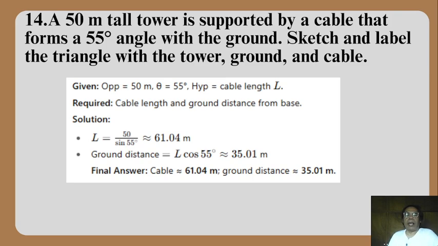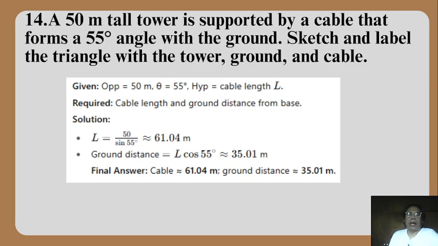So we're given opposite side 50 meters, theta 55 degrees, hypotenuse, cable length. So required are the cable length and the ground distance. So we are given the opposite together with the angle theta, and the hypotenuse is unknown.